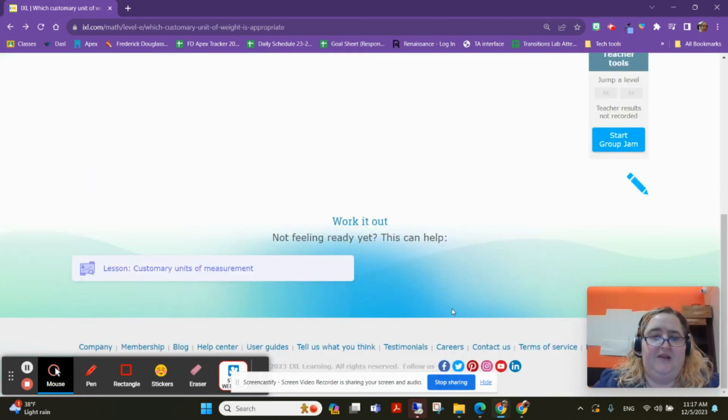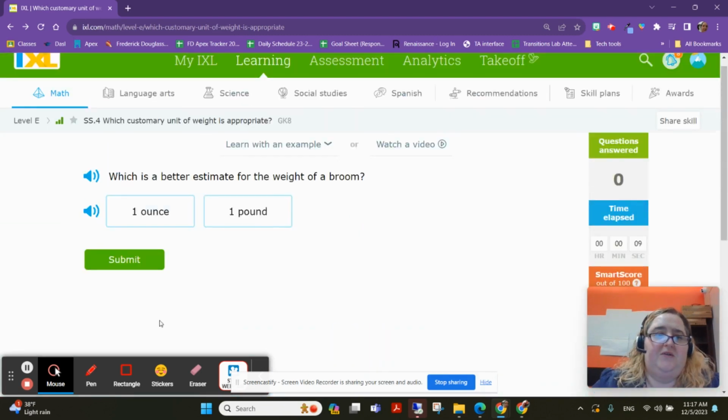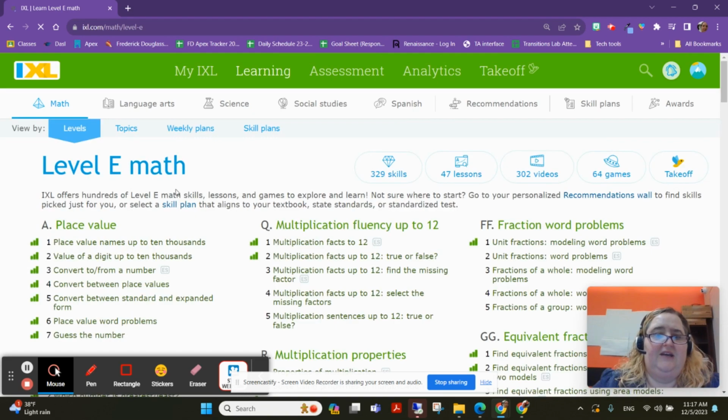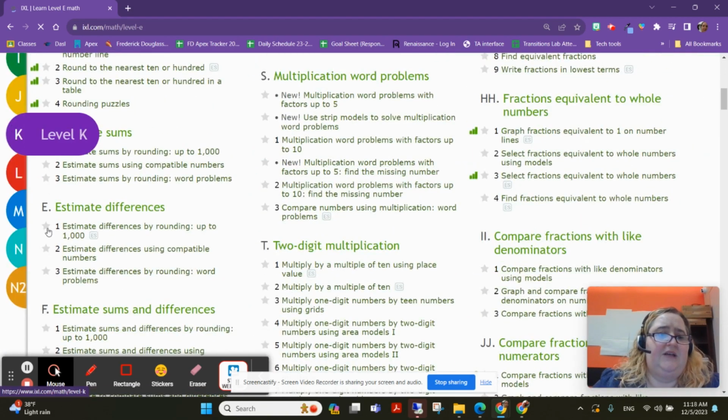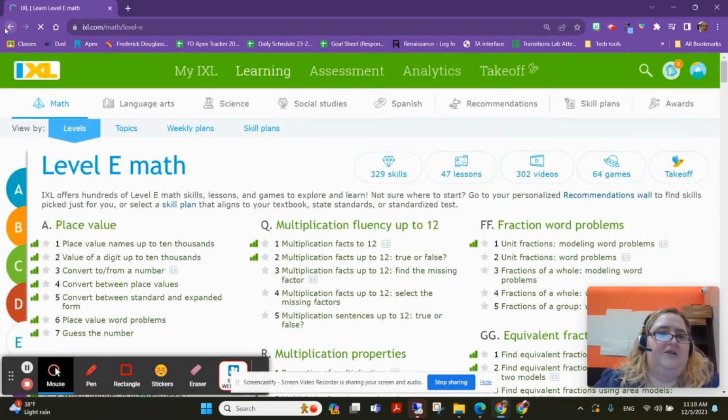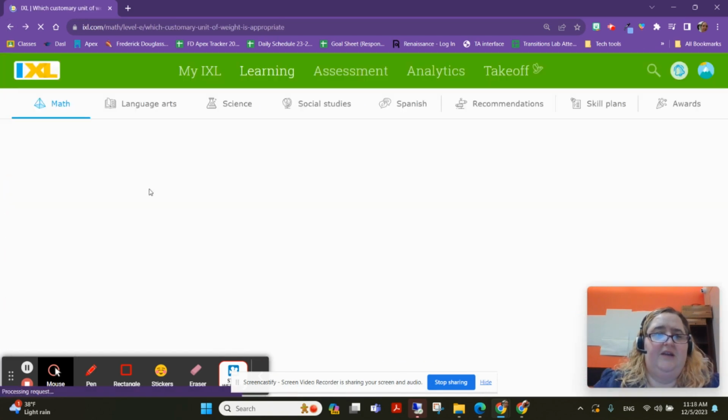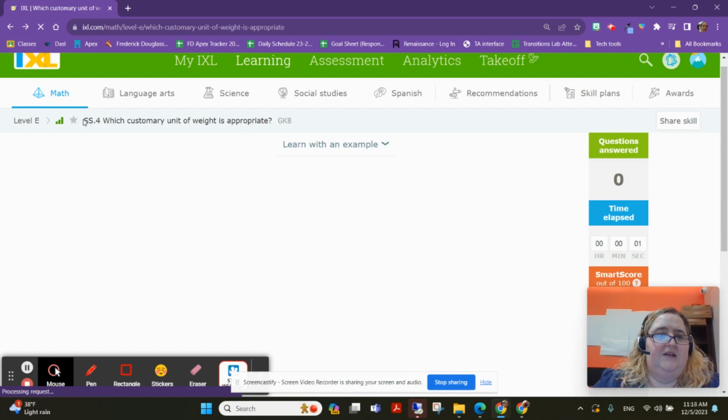Okay. The other thing, if you go to the right assignment, some of the assignments will have multiple lessons that lead up to that assignment, right? So multiple things that lead up to that skill. So I can go back to my level E, and under E, oh, I should have paid attention to this. Level E math, this was SS4.